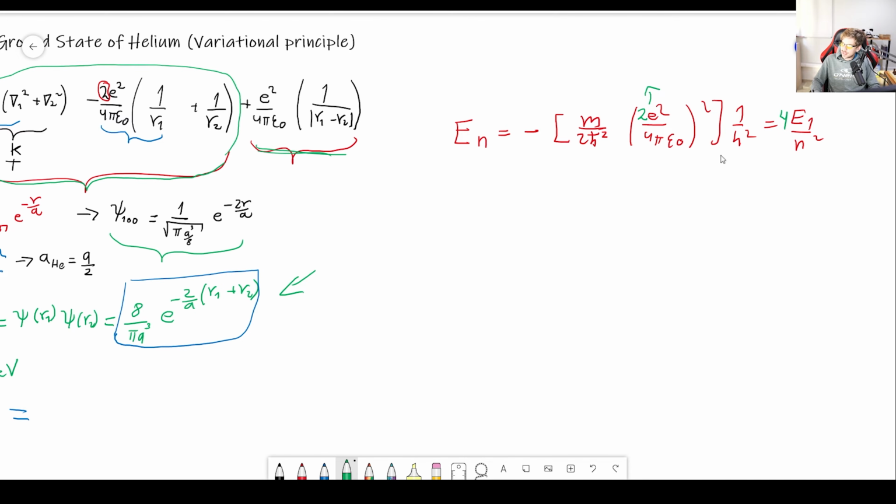So in the ground state, where this n is 1, if before it was E1, maybe I'm going to write it as E1 new. E1 new is going to be 4 times the one for the hydrogen atom. Okay? So that's also very important to know where that came from.